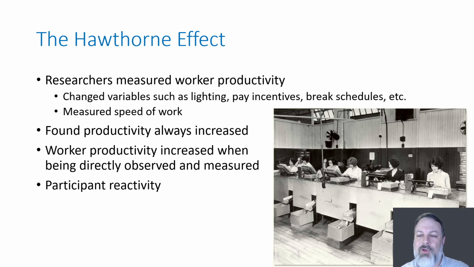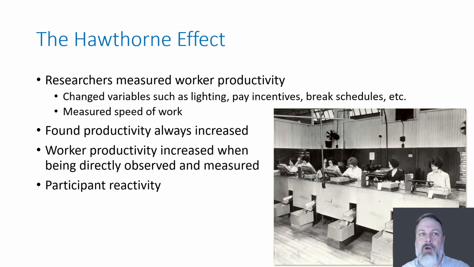And it took them a little bit to realize that it wasn't actually the manipulations that they were doing. Instead, it was that there were these people walking around with clipboards, looking over people's shoulders, counting how fast they could do things. And people tended to work faster when somebody was watching them.